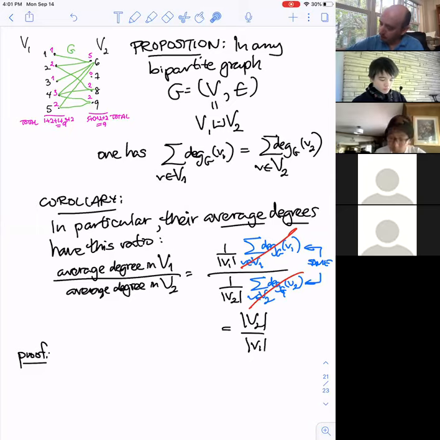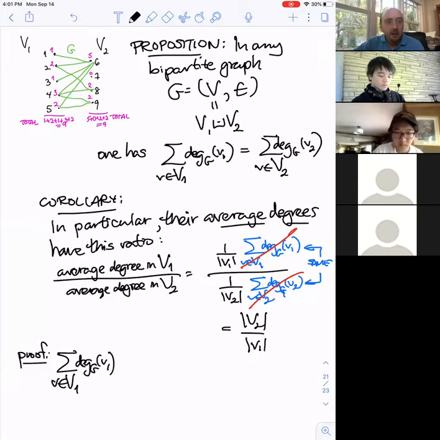Okay, so let's think about that. When you sum over everybody in V1 on the left side their vertex degree, yeah, you're getting the half edges that come out of the V1 side, but for a bipartite graph, that's the same as the total number of edges. Every edge has exactly 1 half edge on the V1 side.